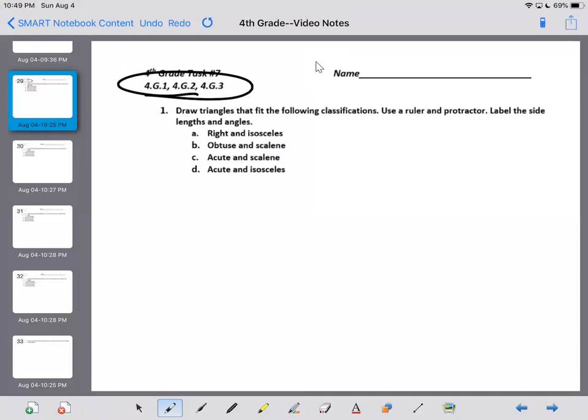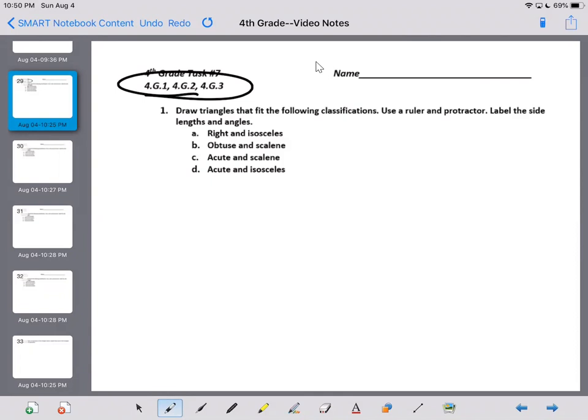I don't care which one you use, it's fine. Just if you don't have your own protractor, I did provide one that you could use as a paper copy. Also, if you would have a centimeter ruler nearby, I'm going to give you some directions on how you can draw. So definitely use the measurements that I give you to help you with drawing some of these triangles.